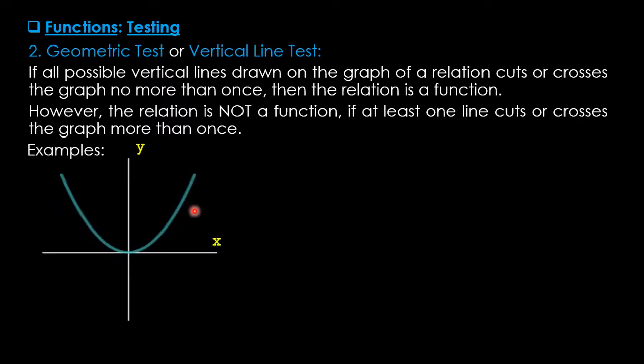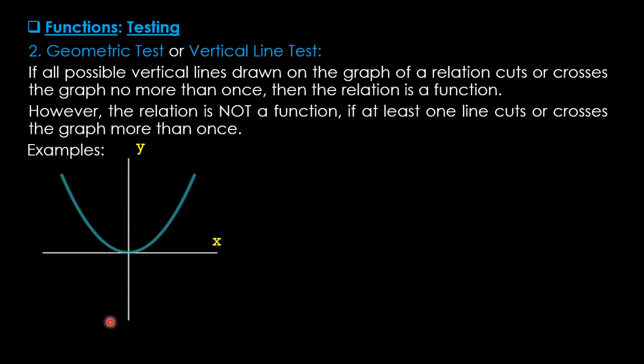Suppose this is the graph of a parabola, and if we draw vertical lines, and if a vertical line cuts or crosses the graph more than once, then the relation represented by the graph is not a function.